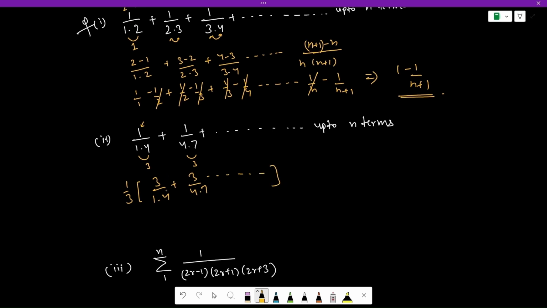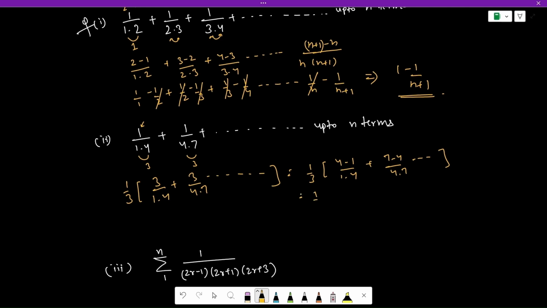Now again we will repeat the same. We will write 3 as 4 minus 1 and here as 7 minus 4, and we will cancel one term out. So this will become 1 by 3 into (4 minus 1) by 1 into 4 plus (7 minus 4) by 4 into 7 and so on.